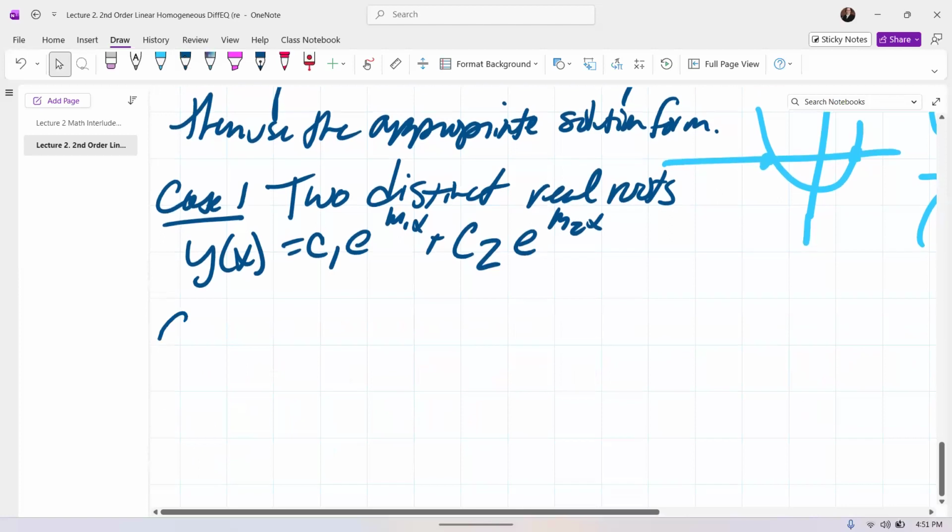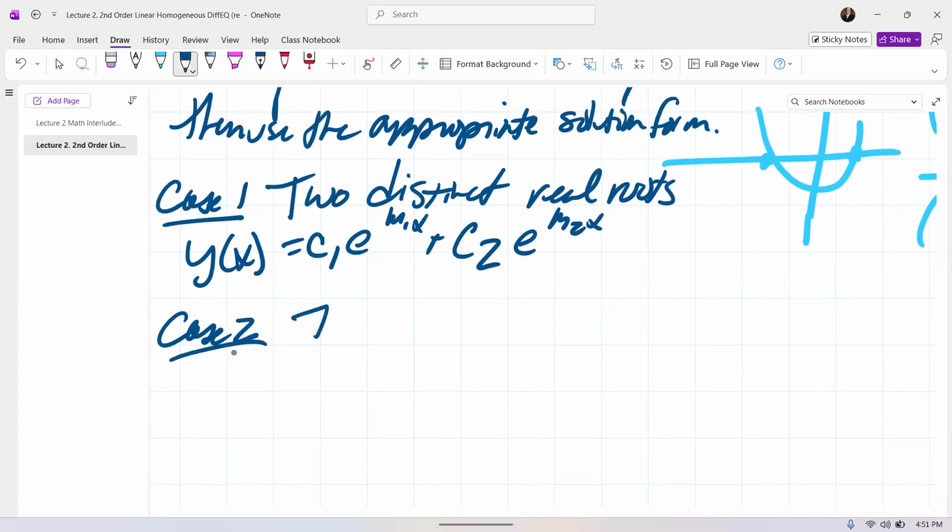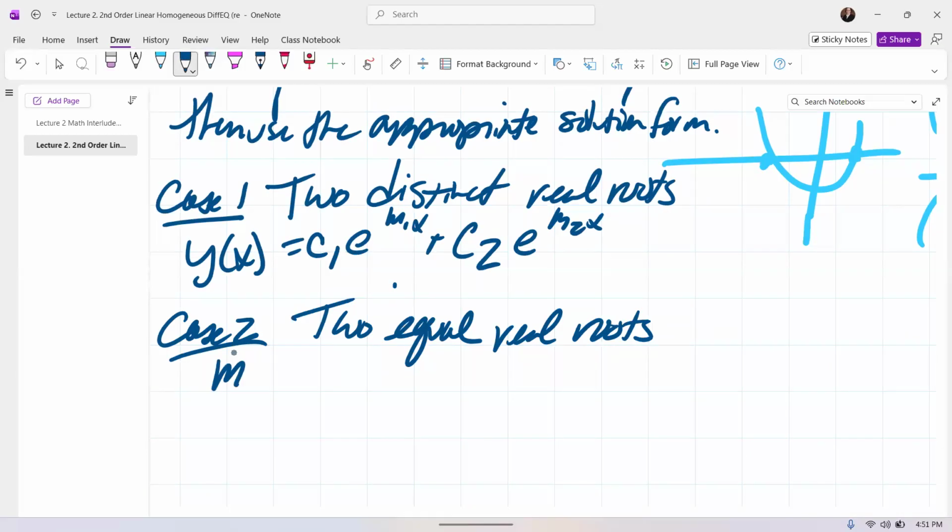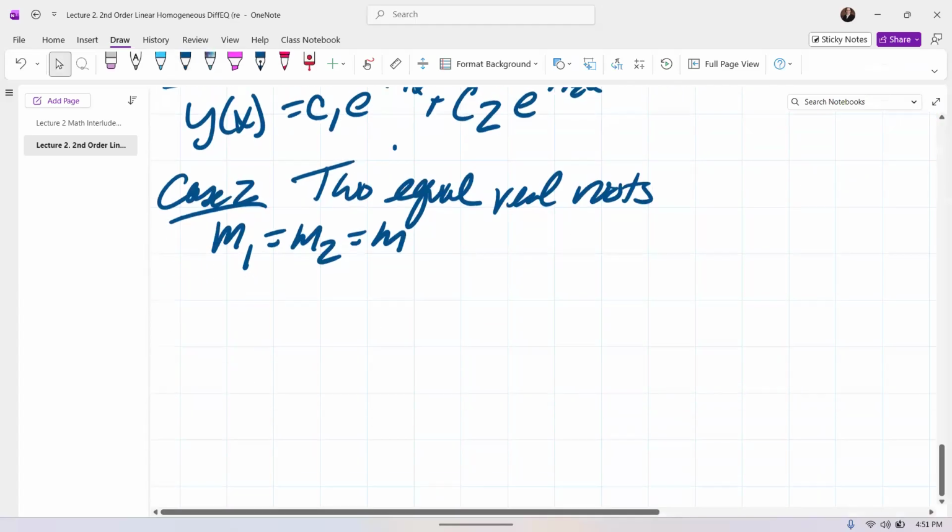Case 2 is 2 equal real roots. That would be the case where it's sitting tangent right on the horizontal line. In this case, m1 equals m2 equals m, so there's only one m.